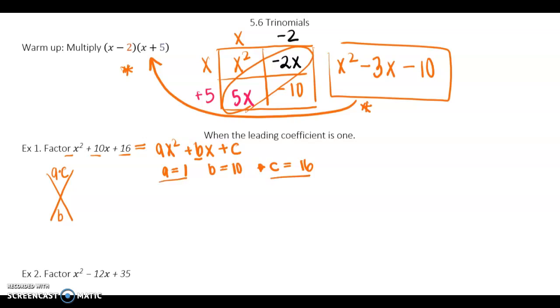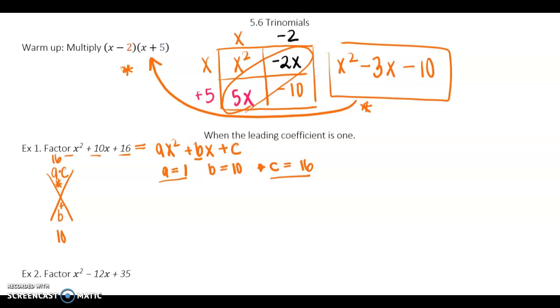So 1 times 16 is 16, and b is 10. You want to think of two numbers that multiply to 16 and add up to 10.